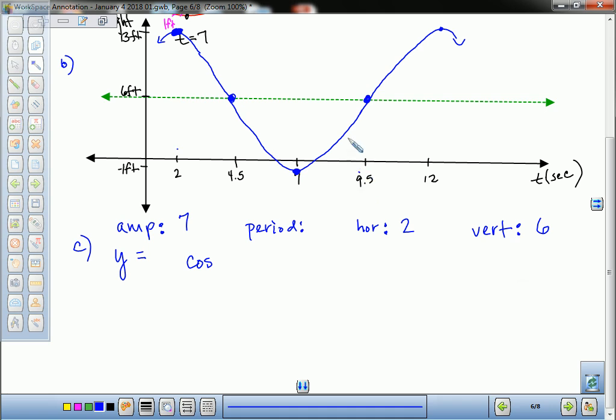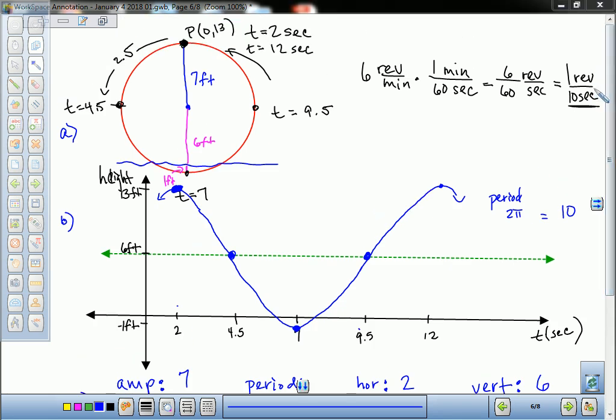Now period. What is a normal period? We know a normal period for sine and cosine is 2 pi. But this period is not normal. How long does it take to complete a cycle? From 2 to 12 is 10, so 10 seconds to complete one revolution.